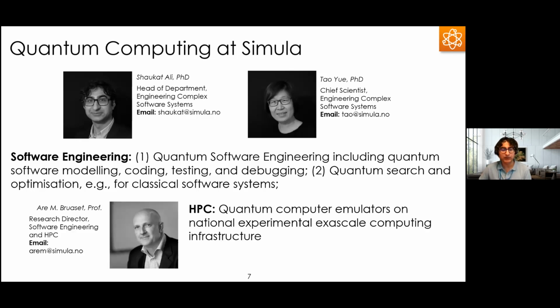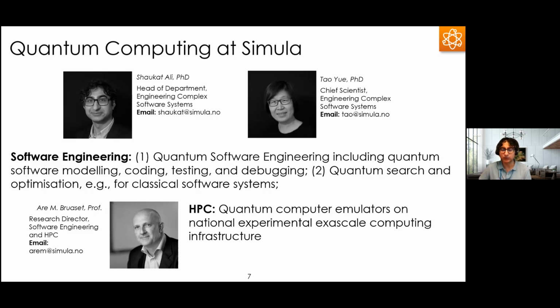And our research director, Magnus, is investigating the HPC aspect of quantum computing. For example, how can we leverage the national experimental exascale computing infrastructure for hosting quantum computer emulators for different experiments and so on. So this is roughly the setup we have initially at Simula in the quantum computing area.